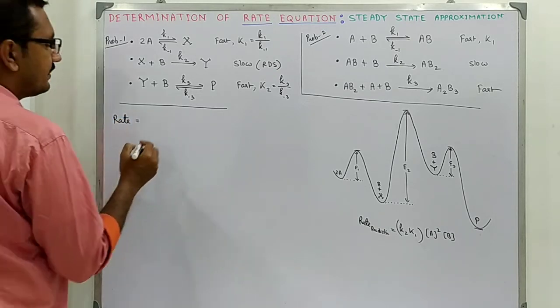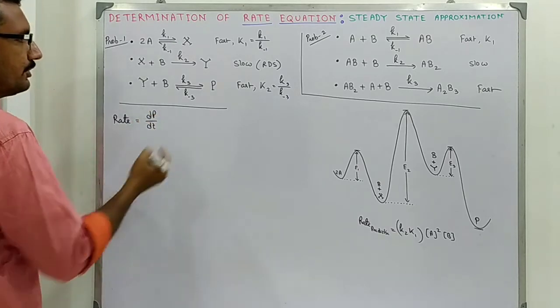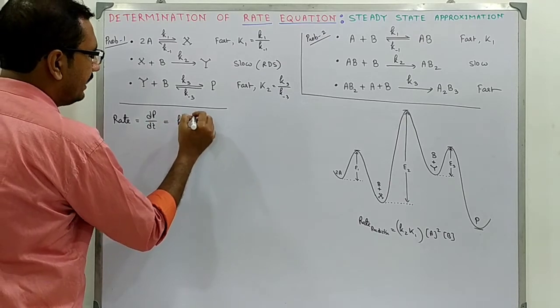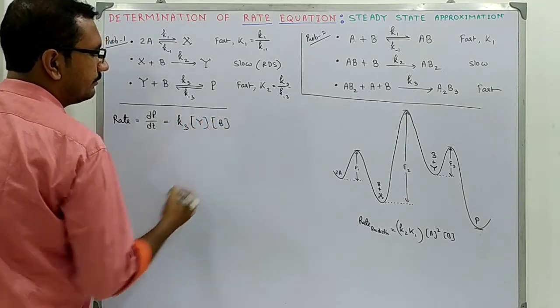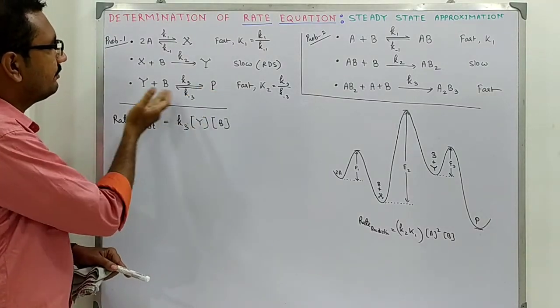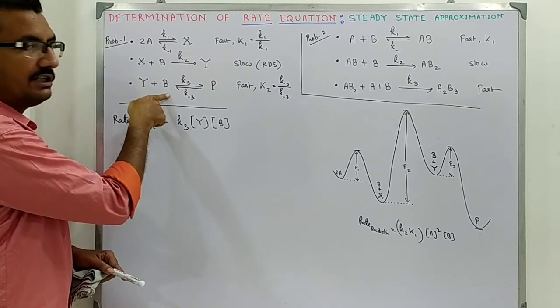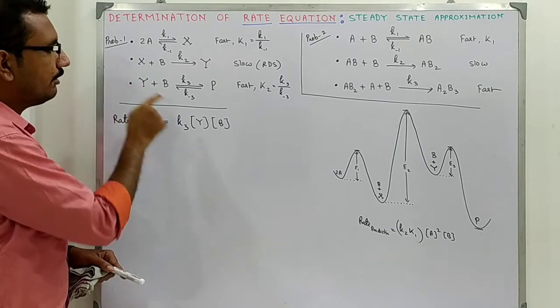Now, the rate of the reaction, that is the rate of formation of product with time, dP/dt, will be given by K3 into Y into B. So this P is getting formed from the forward reaction, and this is an elementary reaction, so the stoichiometric coefficient, that is the molecularity, will be the order.